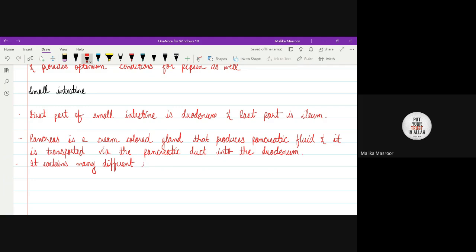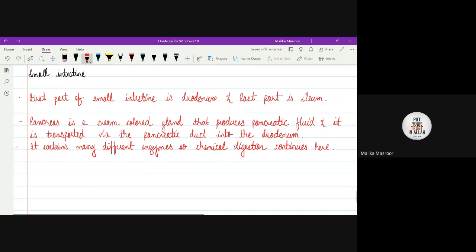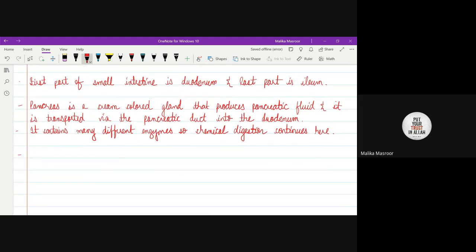Chemical digestion continues here. And the ileum is where all dietary nutrients are absorbed into the blood.